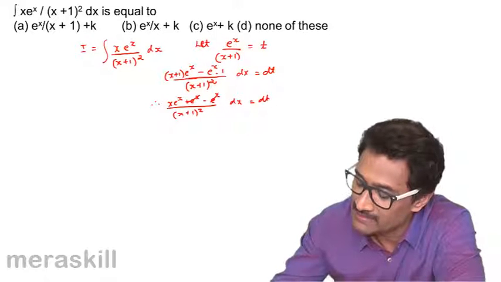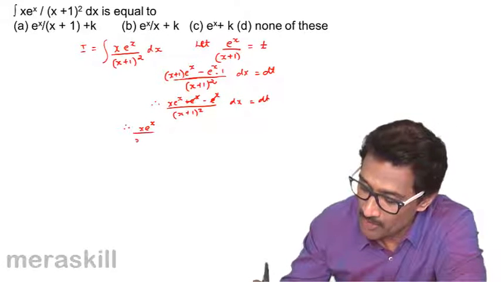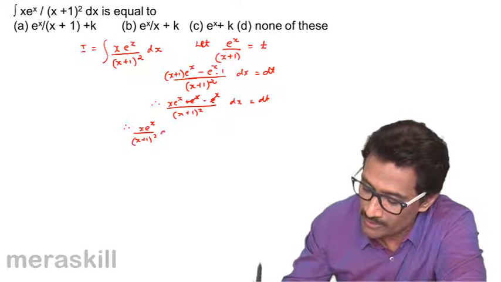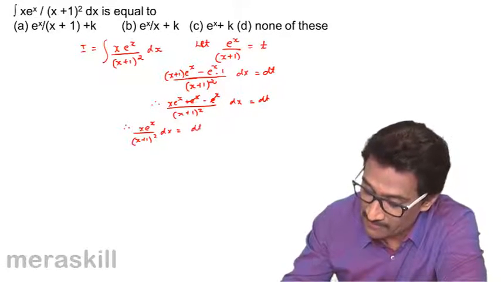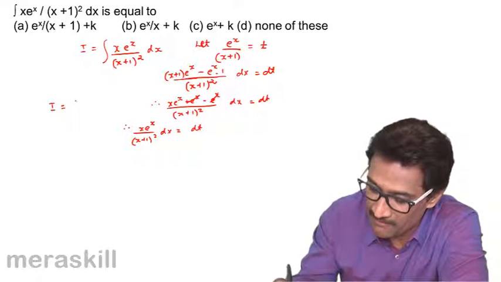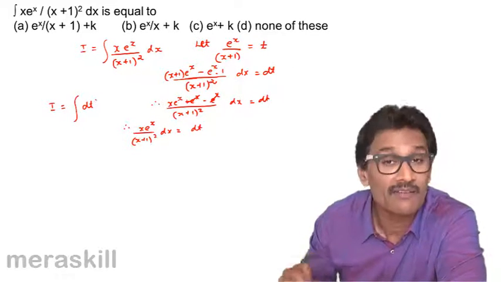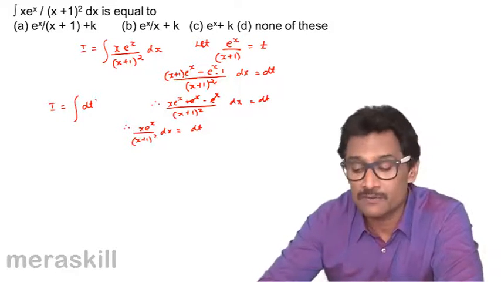So this gets cancelled. Therefore, x e raised to x upon x plus 1 the whole square into dx itself is dt. That means ultimately this whole thing, I itself, is nothing but dt. Mark these kind of questions. They are different from the other ones.